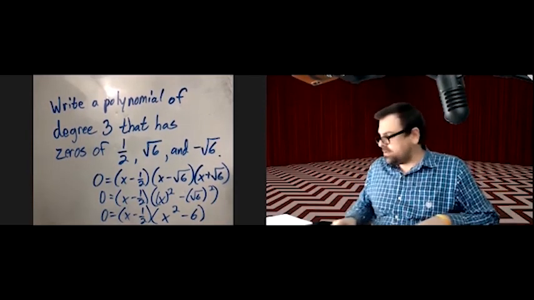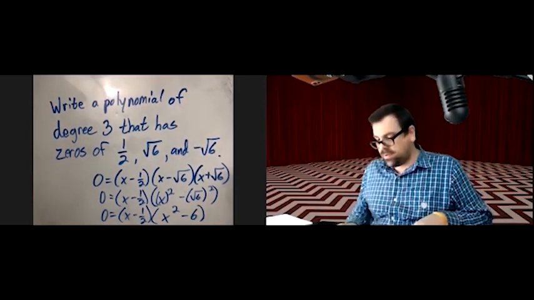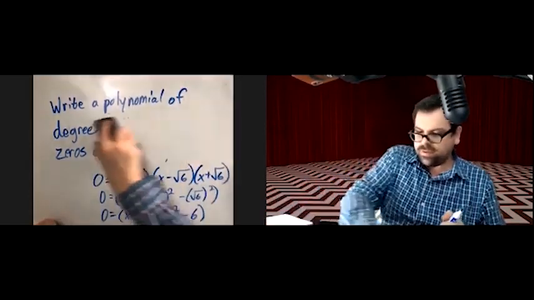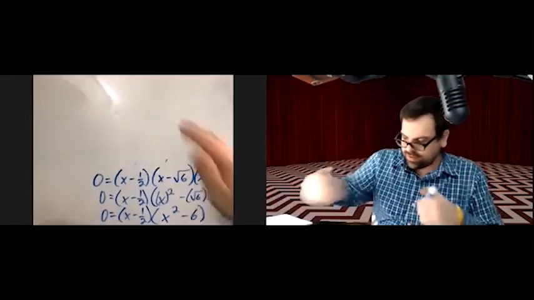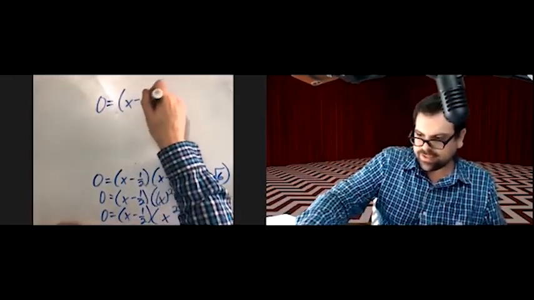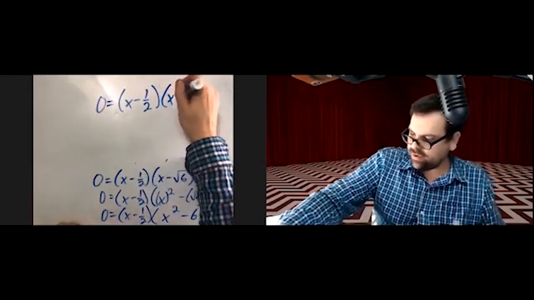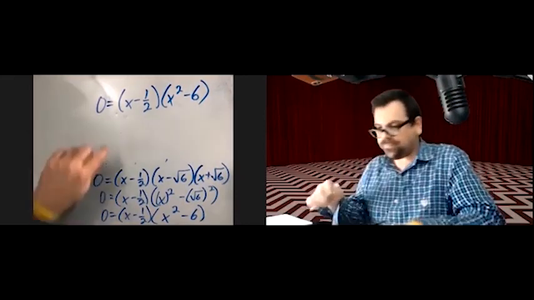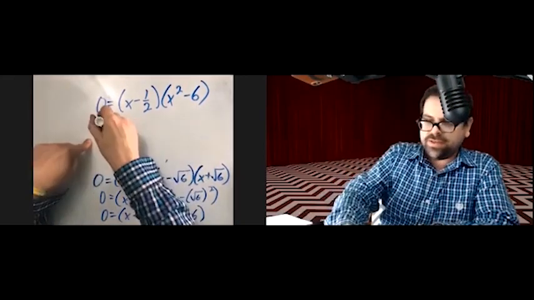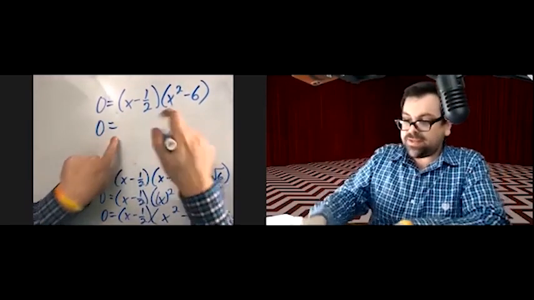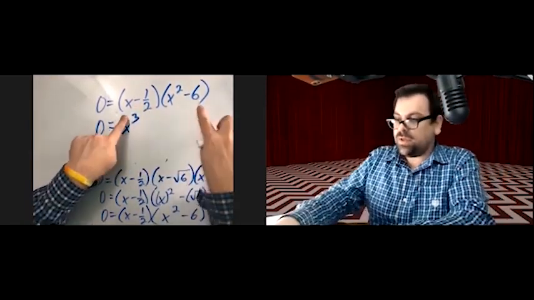Let's keep going here. Multiply these together. So the next line underneath, x minus 1/2 times x squared minus 6, would be to FOIL these. x times x squared is x cubed.